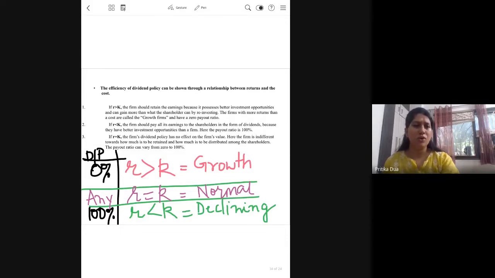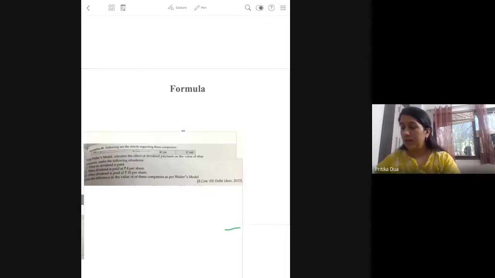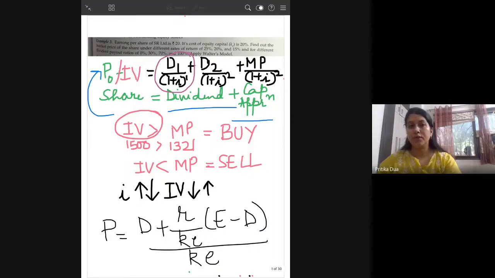Overall cost of capital means cost of equity, because one of the assumptions in this theory is that equity is the only source of financing for the firm. This is the formula, and in this regard, we had practiced one question in the last lecture on calculation of the price of the share.